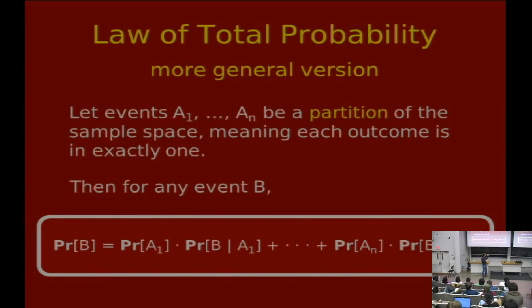The previous formula is the case where A1 is some A and A2 is the complement of A. And A and its complement always form a partition. So here's the formula. The probability that B occurs is like either A1, A2, or A3, or up to AN must occur. And then you take the probability of that AI occurring and the probability of B given that AI.